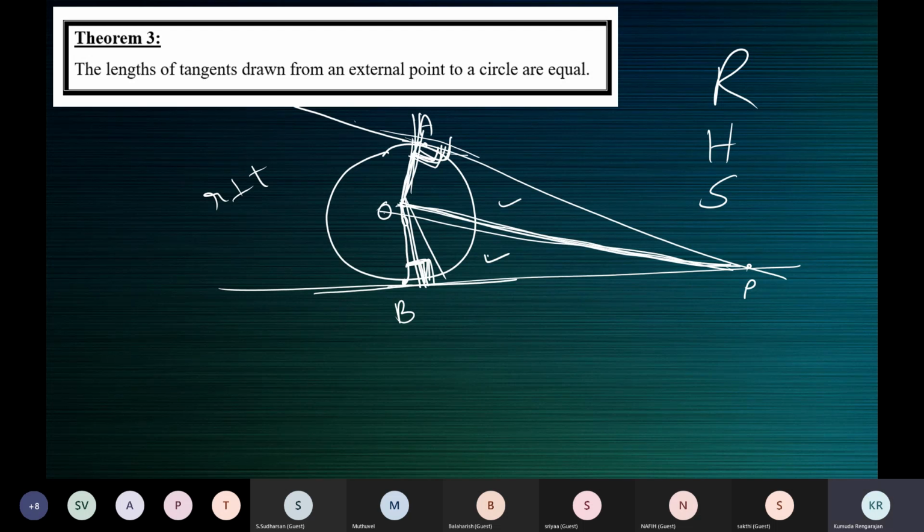So by the RHS congruence rule, the two triangles are congruent to each other. CPCTC, PA is equal to PB. Tangent PA is equal to tangent PB.